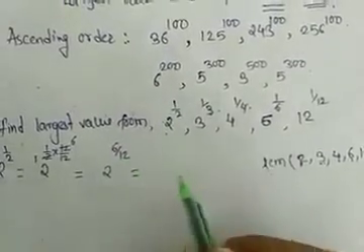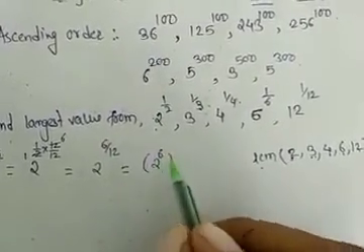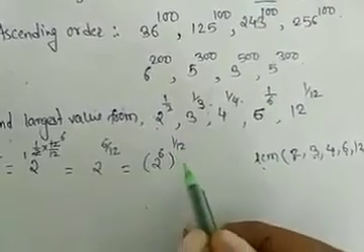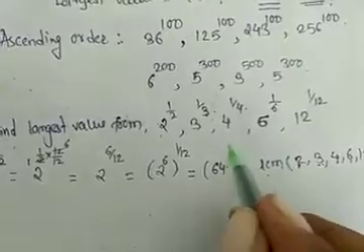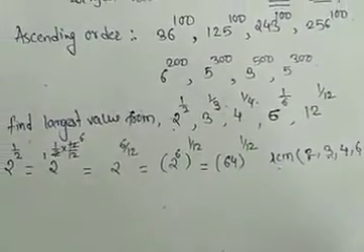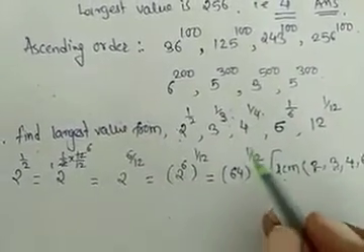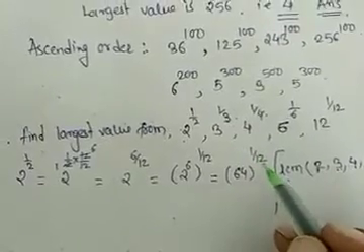Now again it can be written as 2 raised to 6 bracket raised to 1 upon 12, and 2 raised to 6 is 64 bracket raised to 1 by 12. This is our first term converted into power of 1 by 12.